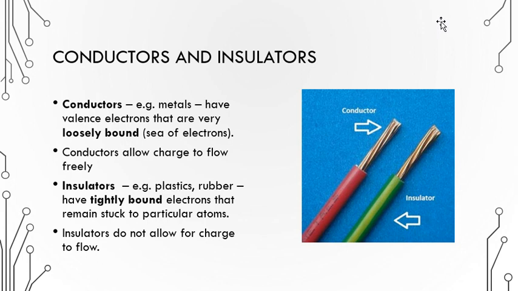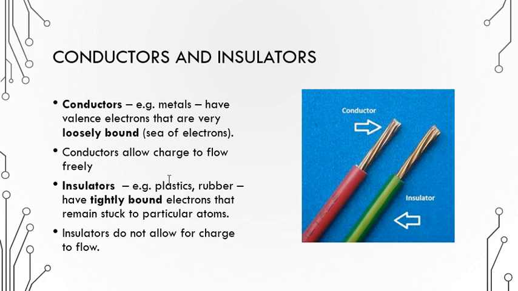So if we push them towards a positive charge, they're going to be attracted, they're going to flow. All those outer shell electrons, those valence electrons, are going to want to flow. And that flow of electrons is actually what electricity is. So conductors, things like metals that have loosely bound electrons, allow the flow of charge.